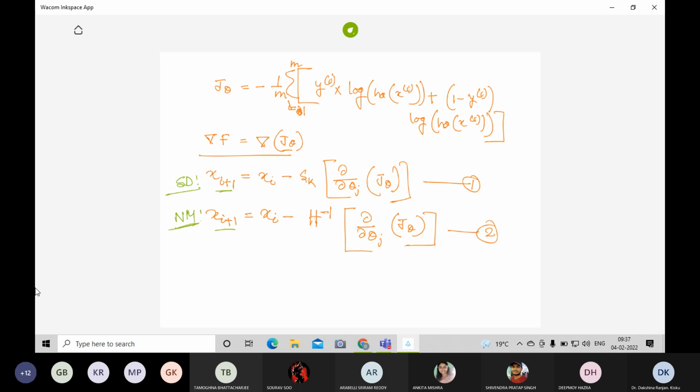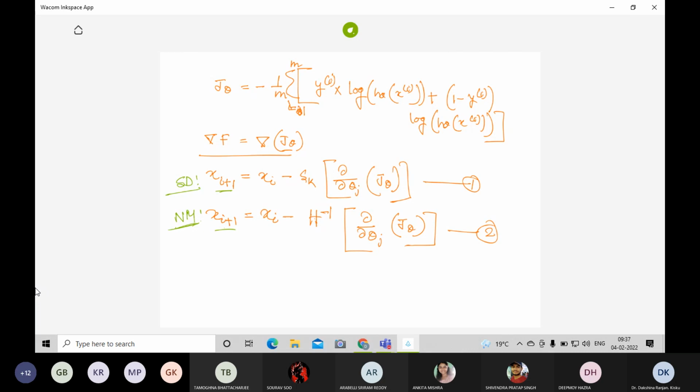Otherwise, both these equations will give us the convex function. What we know about the convex function is that only one minima will be found, which is called the global minima. But in a non-convex function we can have more than one minima, local minima.